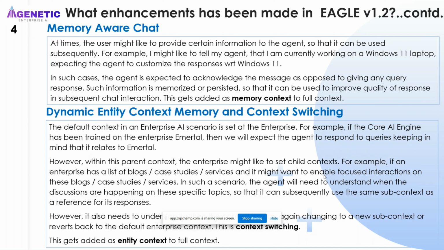The second one is memory aware chat. Now, memory aware chat typically means the agent is able to remember certain cues, or remember certain information or additional information which is given by the user. It's not always that the user asks a question. At times, they just give you certain information.